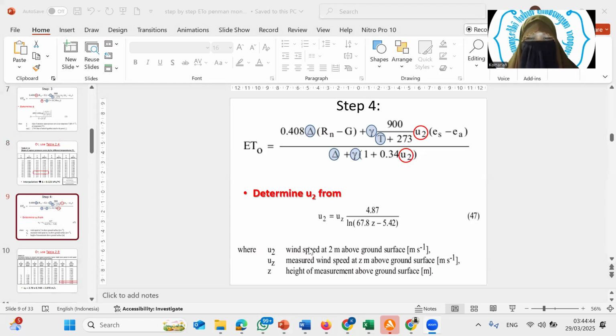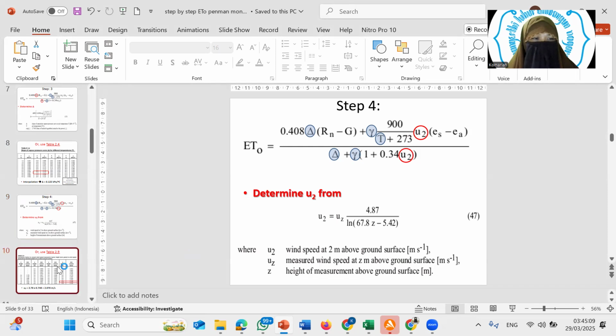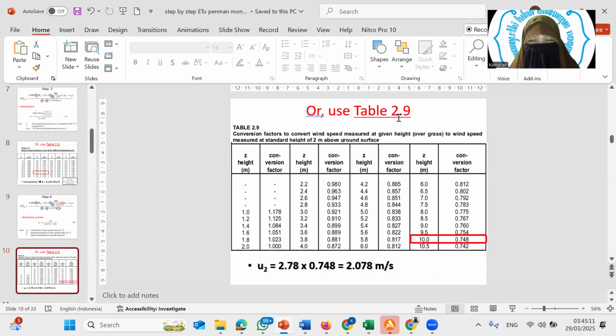U2 is the wind speed at 2 meters above ground surface. So this is the equation. Okay, so U2 is UZ times a constant on elevation basis. We can use this equation or we can use table 2.9.